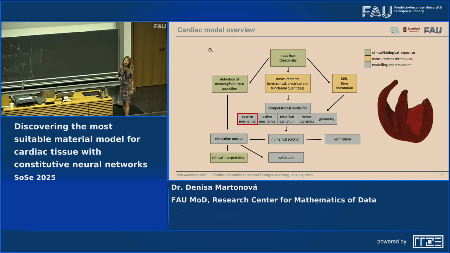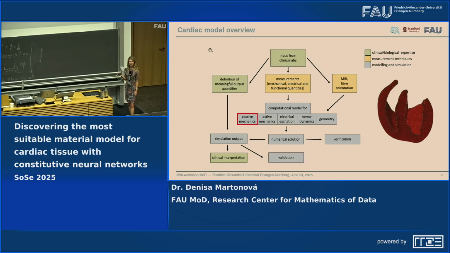You can see here a simulation of a model I used in my PhD, which is rather simple. It has just two chambers, called a biventricular model, and even this model has a lot of ingredients. First of all, we need clinical input data, which are measurement data, and with this we can build up our computational model.